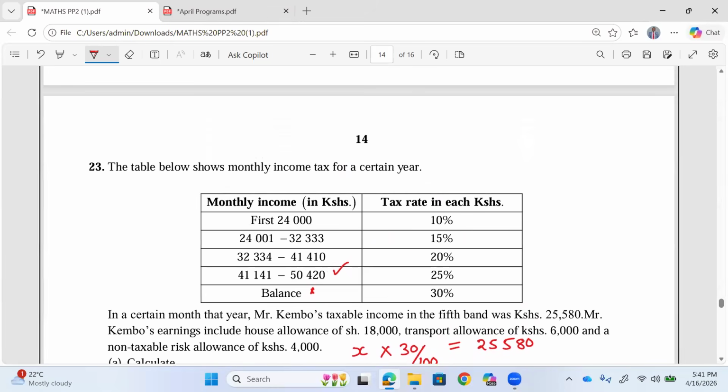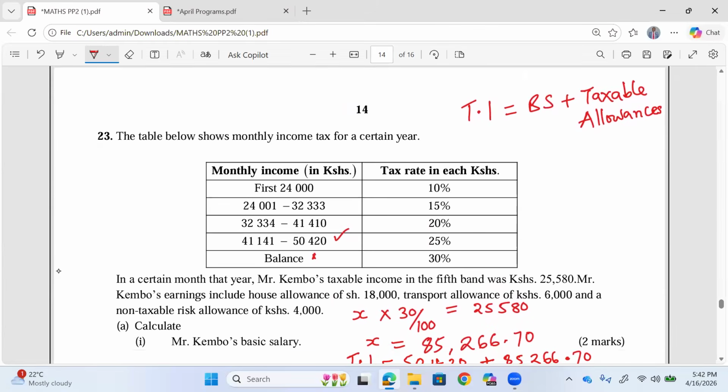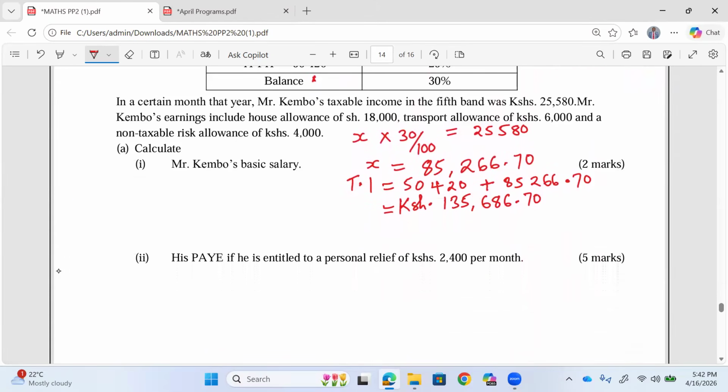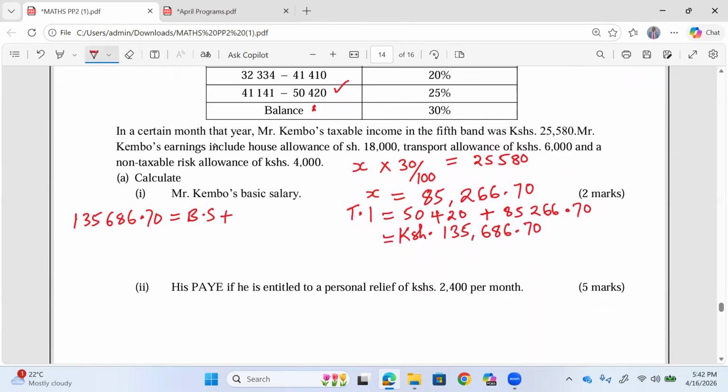After getting the taxable income, we know that taxable income is usually given by basic salary plus taxable allowances. Very key, taxable allowances. Some people will lie to you that it is all the allowances. Not really. Therefore, taxable income is already given, 135,686 equals unknown basic salary plus taxable allowances.